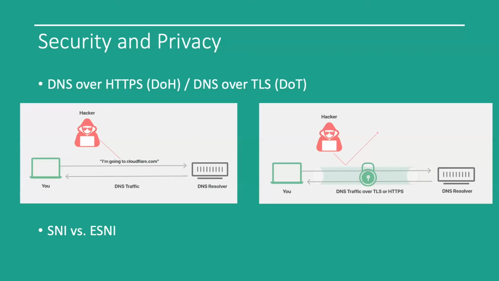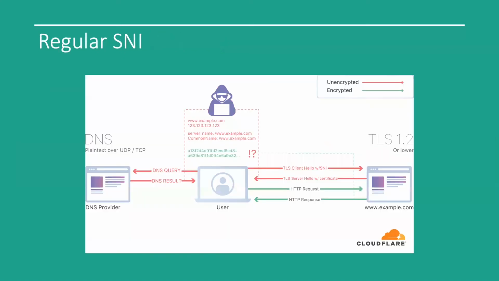All right. Lastly, and this is something pretty much unique to Cloudflare, but it'll probably start taking off more as others start implementing this: there's SNI and ESNI. SNI is the Server Name Indication protocol.